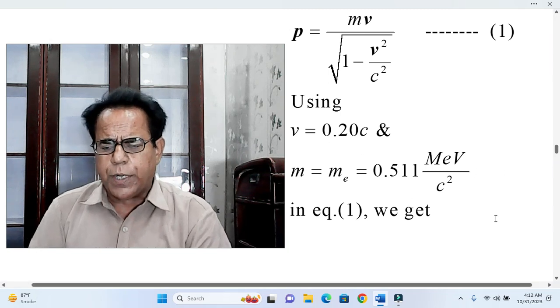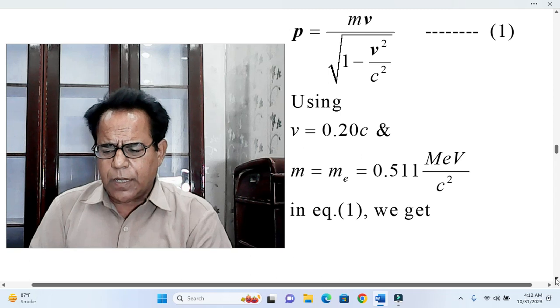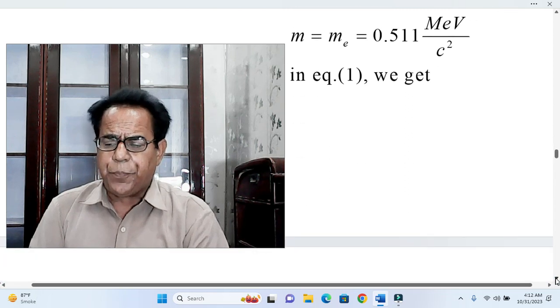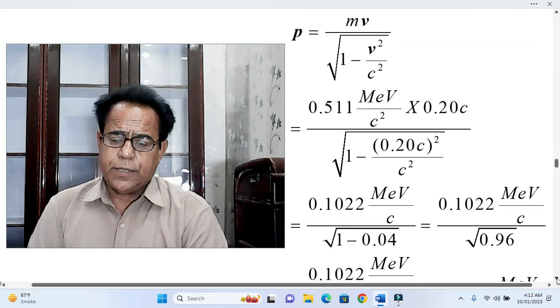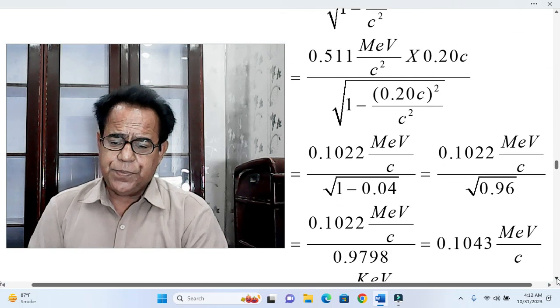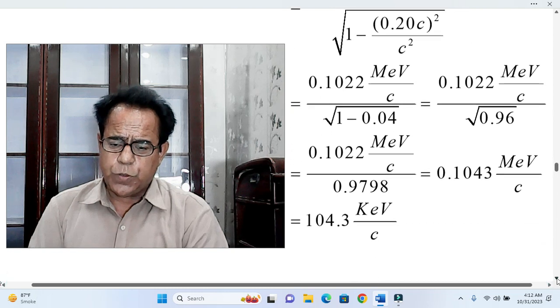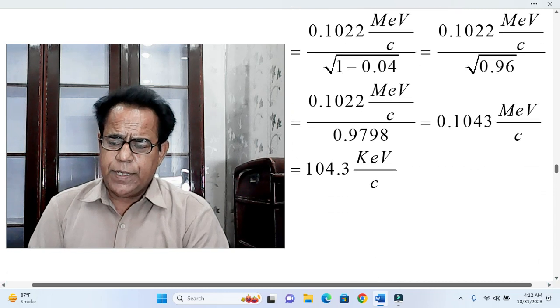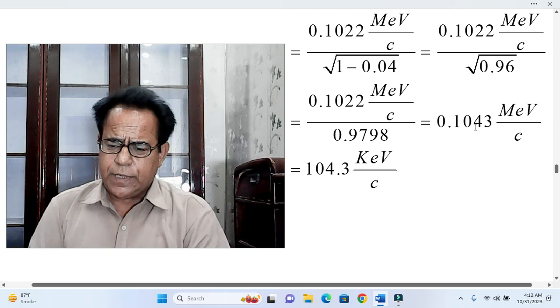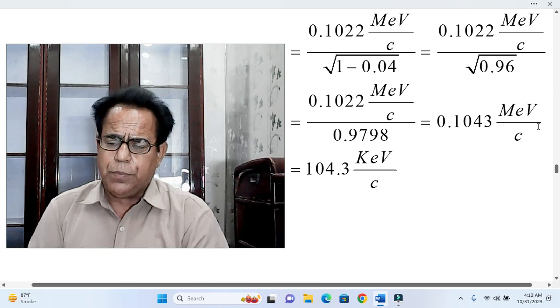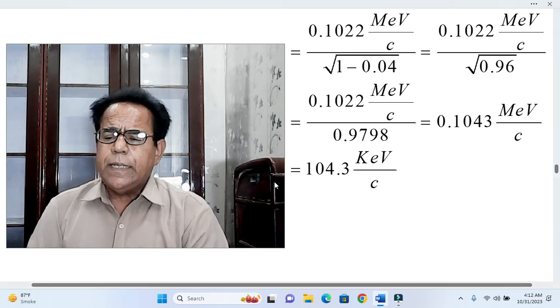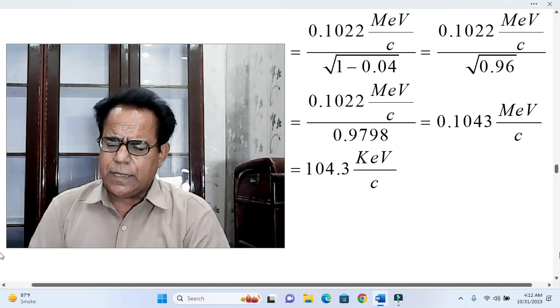So accordingly our answer will change. So here in terms of million electron volt over C, this is this, and in terms of kilo electron volt over C, this is this, by multiplying it by 1000. This step is not necessary, it is just our discretion.